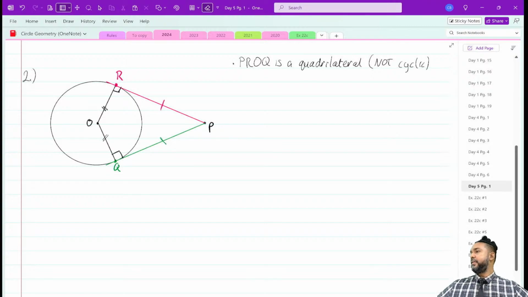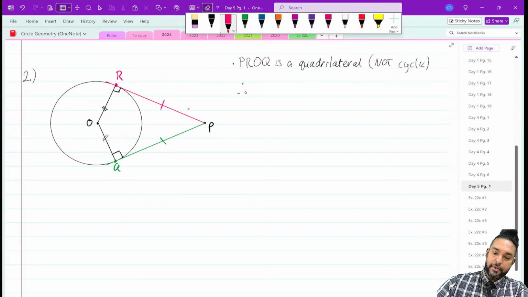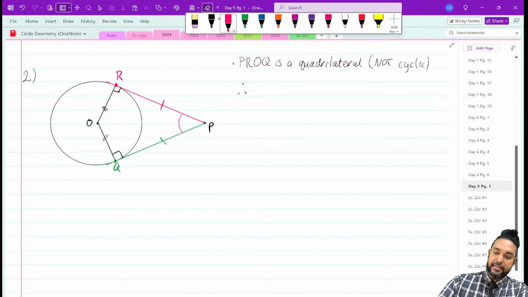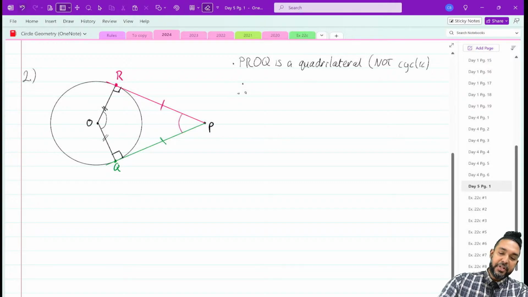And what do we know about the sum of the interior angles of a quadrilateral, cyclic or otherwise? They add up to 360, right? So we could say therefore, let's put this angle across here as angle P, and we'll put the angle at the center as angle O. We'll name the angles after the vertices where they are located.